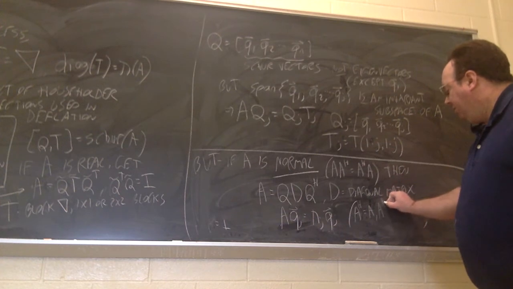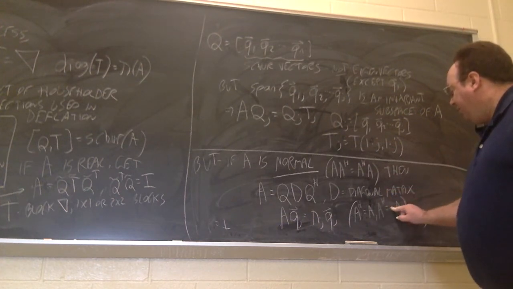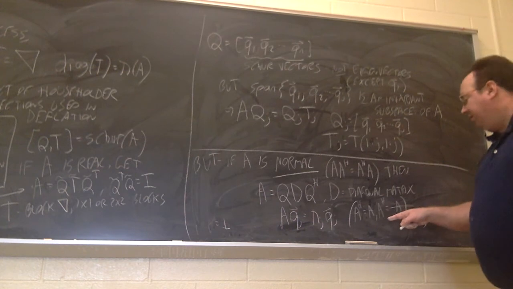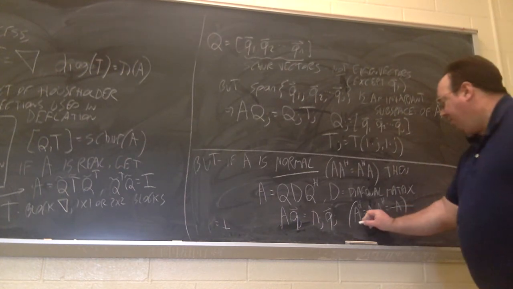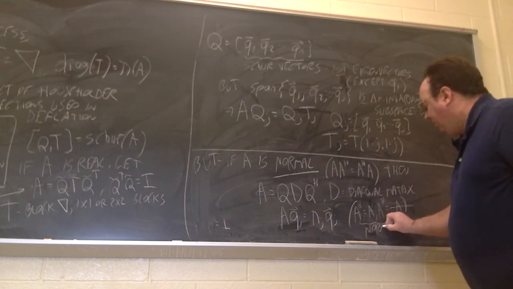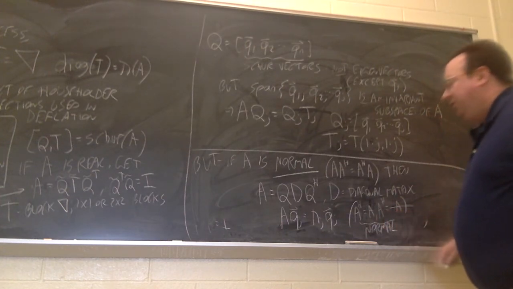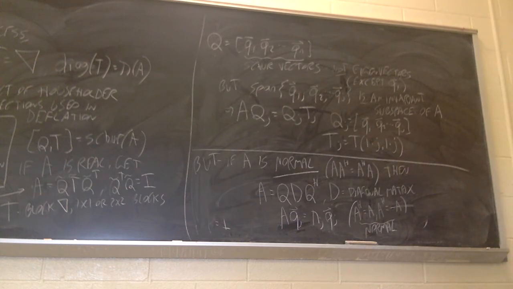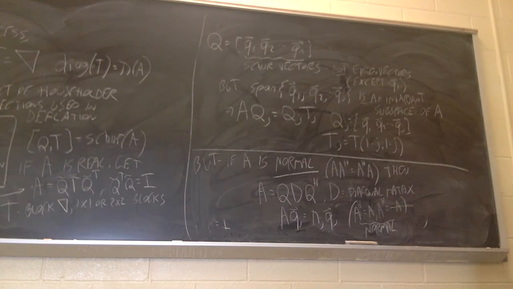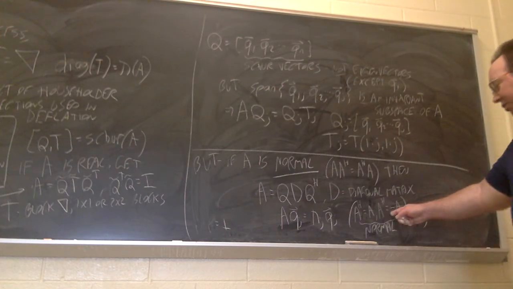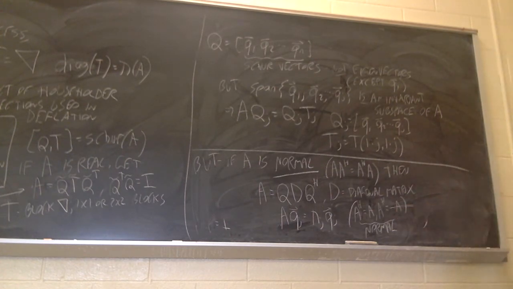Also, if it's skew Hermitian, so A Hermitian transpose is minus A. So these are the simplest interesting examples I can give of normal matrices. It turns out that a Hermitian matrix has real eigenvalues, whereas a skew Hermitian matrix has eigenvalues that are purely imaginary, or 0.